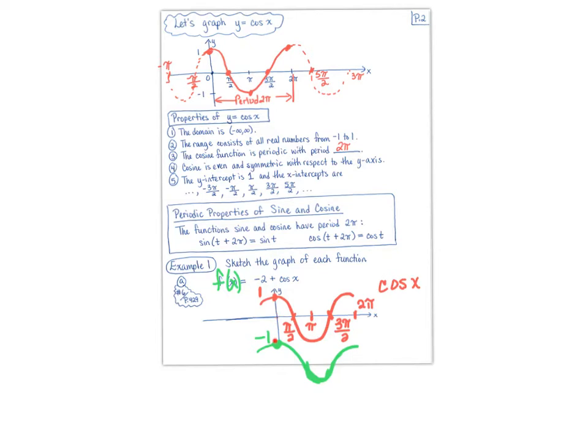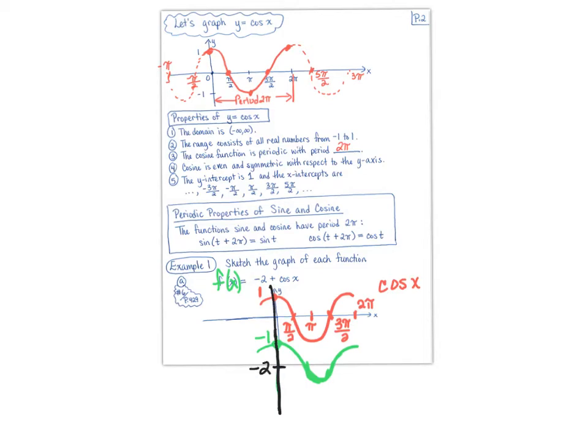Shifted down 1, 2. What's the y value here and here? -2. Good. That's the y value there. Good. So just extending it so you see what's happening.